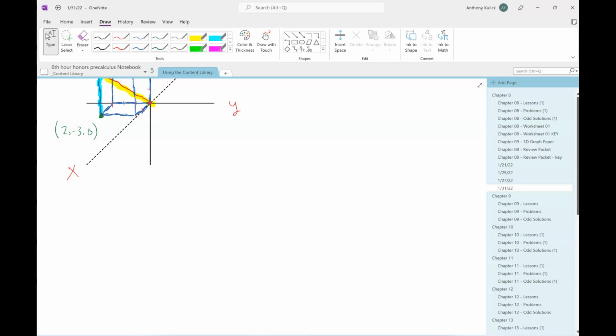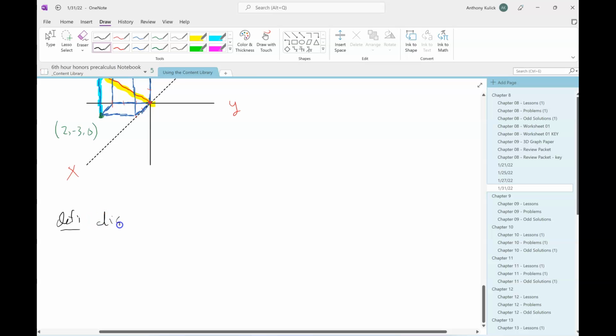So when we plotted points in 2 dimensions, we also were able to find the distance between 2 points or the midpoint between 2 points, right? So we should be able to do the same thing in 3 dimensions. In 2 dimensions, the distance formula was x1 minus x2 squared plus y1 minus y2 squared.